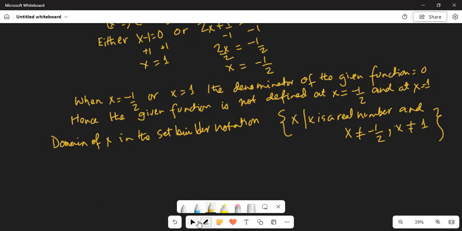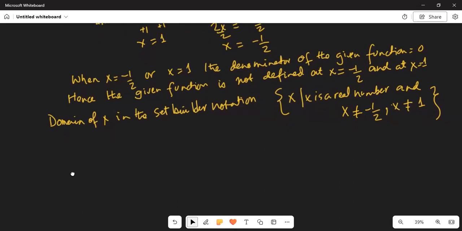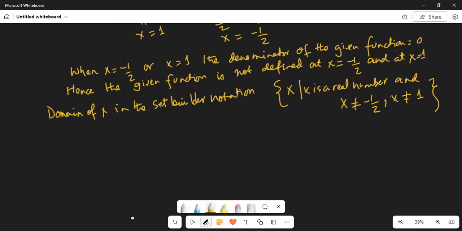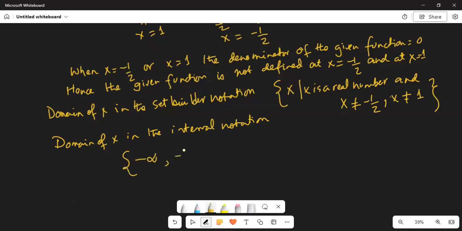Okay, so next is how to write the domain of the function in interval notation. So domain of x in interval notation is equal to, so we start from minus infinity, comma, you can go up to minus half.